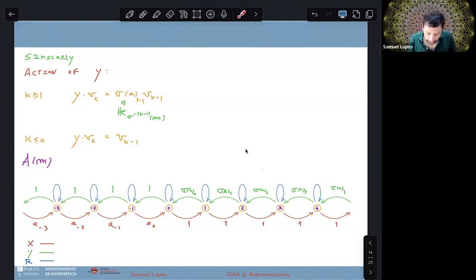And so according to these calculations, X will just act as multiplication by 1 and bumping to the right. So X will always be moving to the right, Y will always be moving to the left. From the vector V0 on, X will just be multiplying things by 1, but to the left of V0, X will be multiplying by A, interpreted in all of these different fields. Very good.